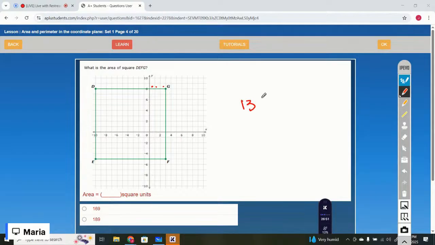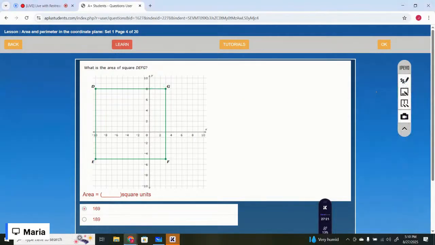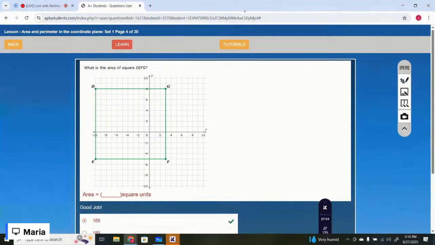That is 13 times 13. When you calculate the area, that would be side times side. Option number 1 is the correct option. That is 169.